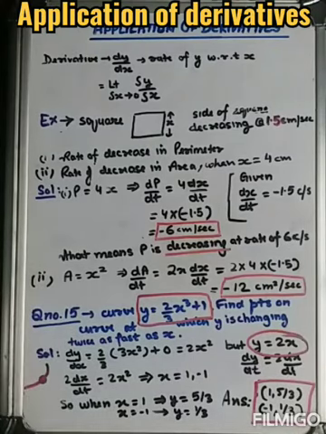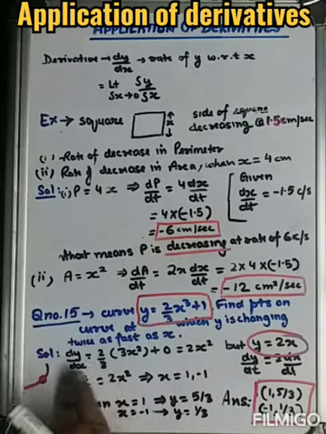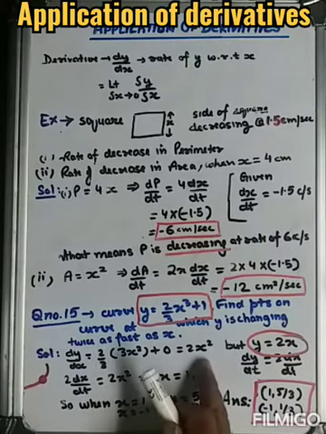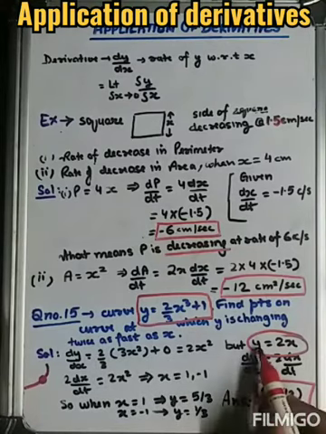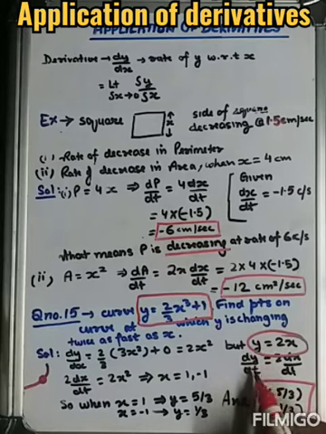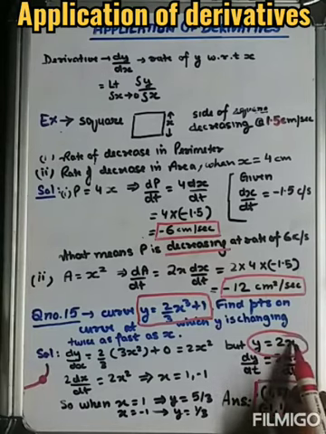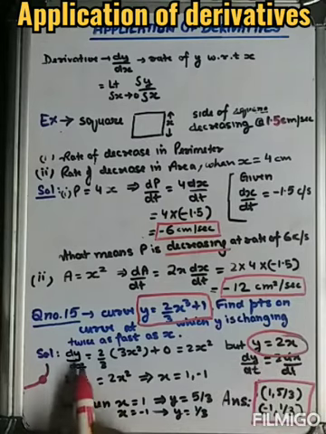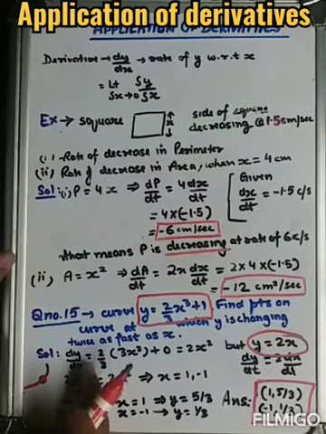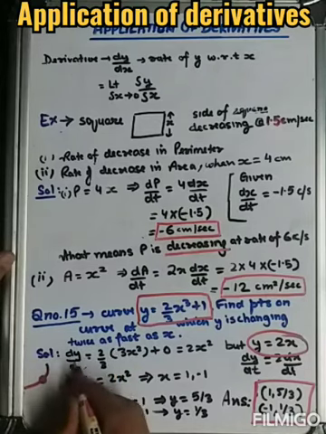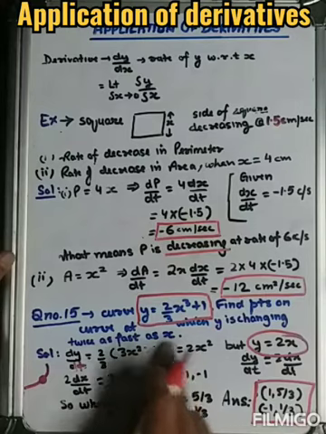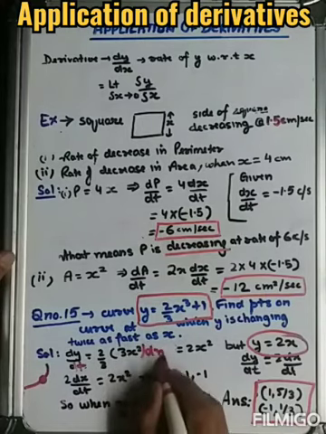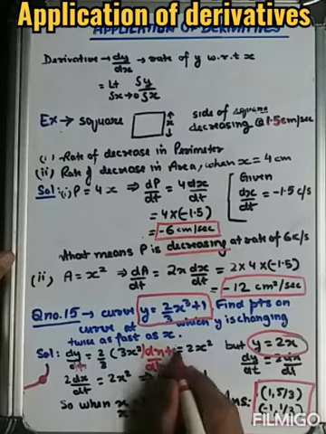Clear? So we have two equations. This is the equation of the curve. So differentiate this; we are getting this value. And one more thing, dy by dt is equal to 2 dx by dt. So we have got the value of dy by dt. Put the value of dy by dt here, and this becomes 2x square dx by dt plus 0.